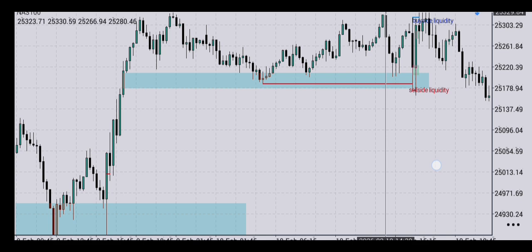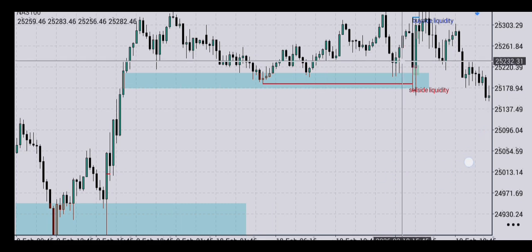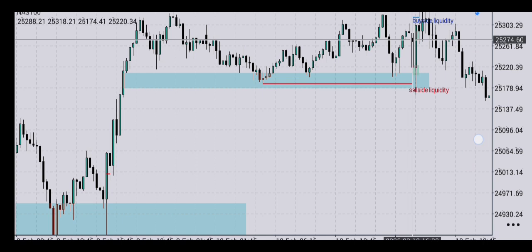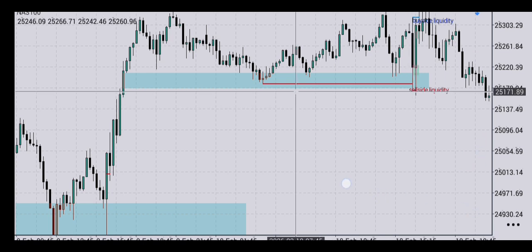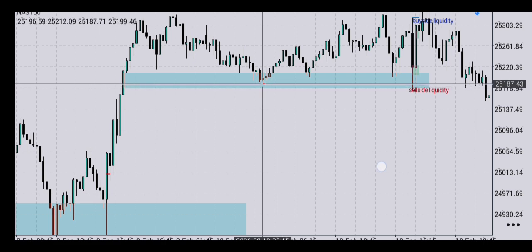And ICT says smooth highs are left jagged. So these are really nice places to have as a target. And so we opened up at 9:30, and we swept this sell side liquidity here.